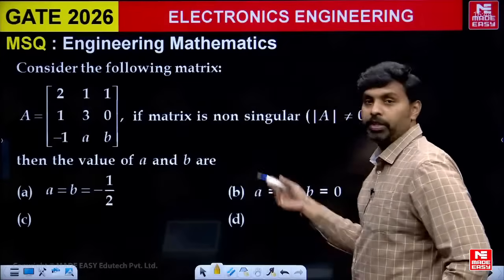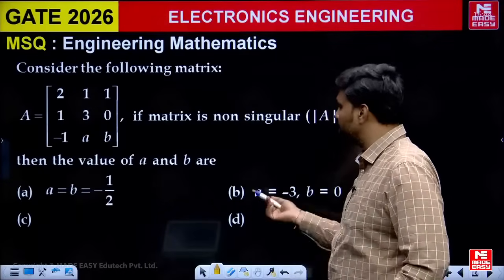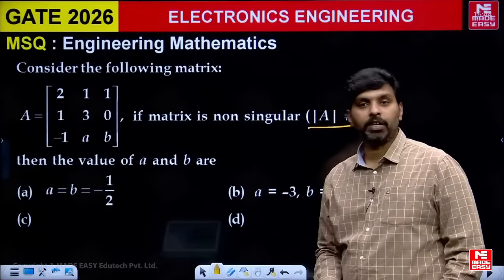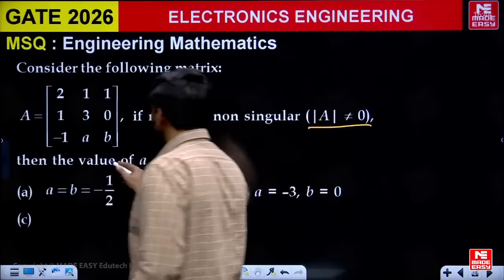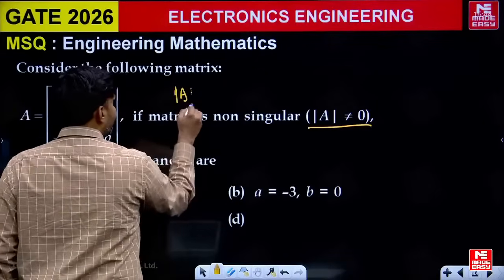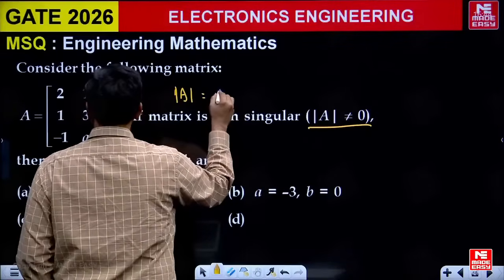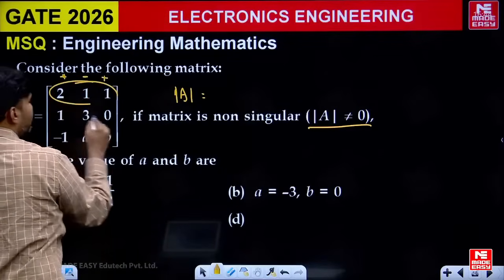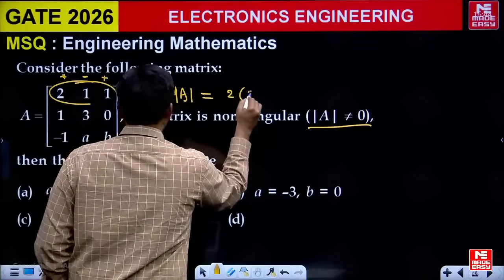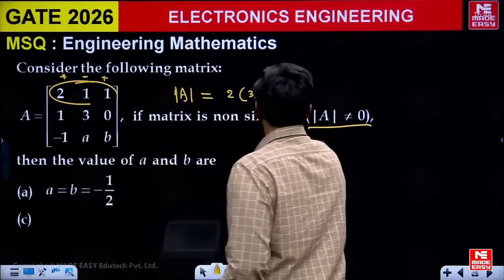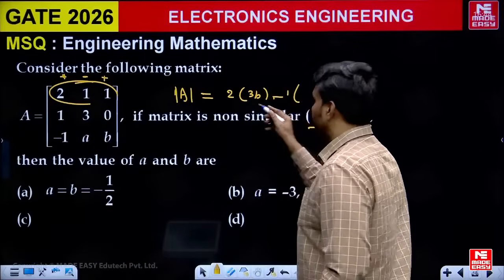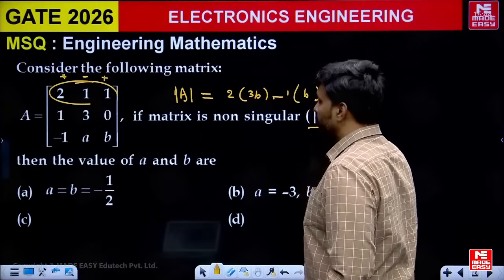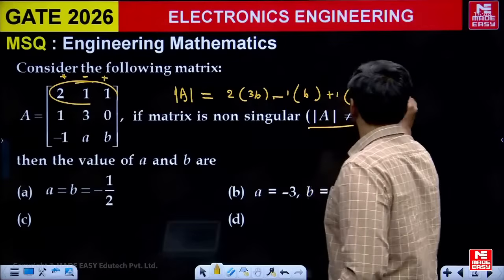Coming to this question, this is a linear algebra question, and a very simple one. It says that the determinant of A is not equal to 0, so we find the determinant of this matrix. Take the signs as plus, minus, plus: 2 times 3b, minus 1 times minus 1 times d, plus 1 times a plus 3, not equal to 0.